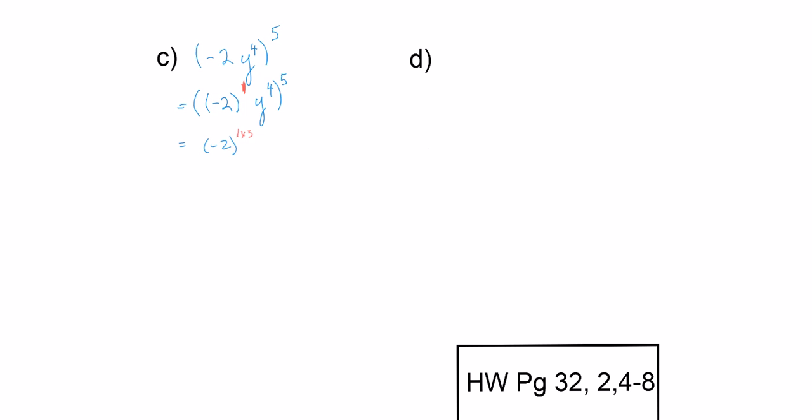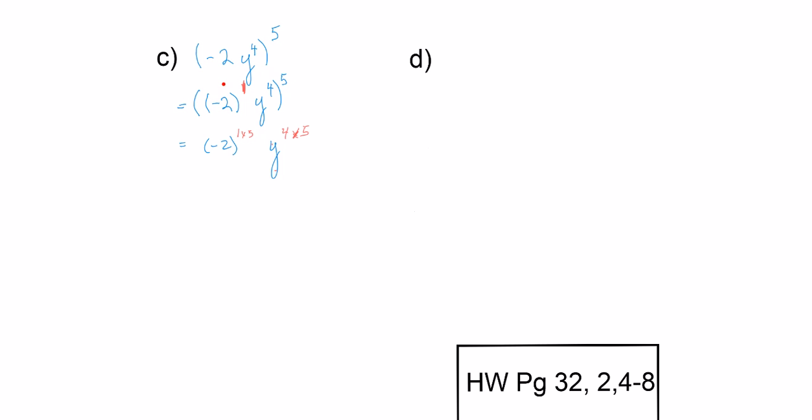And then also, we have y raised to the 4 times 5. So if you think about it, if there's an exponent outside the bracket, basically the exponent is applied to everything that's inside the bracket.